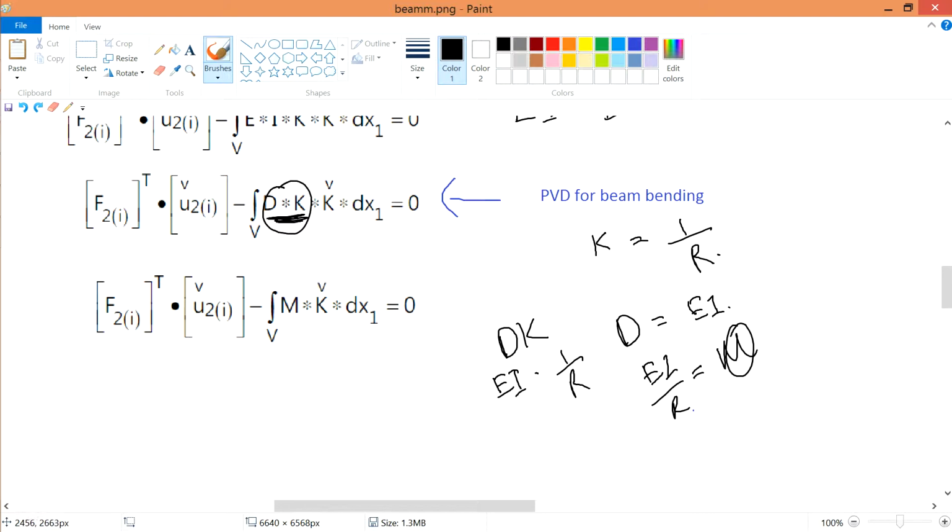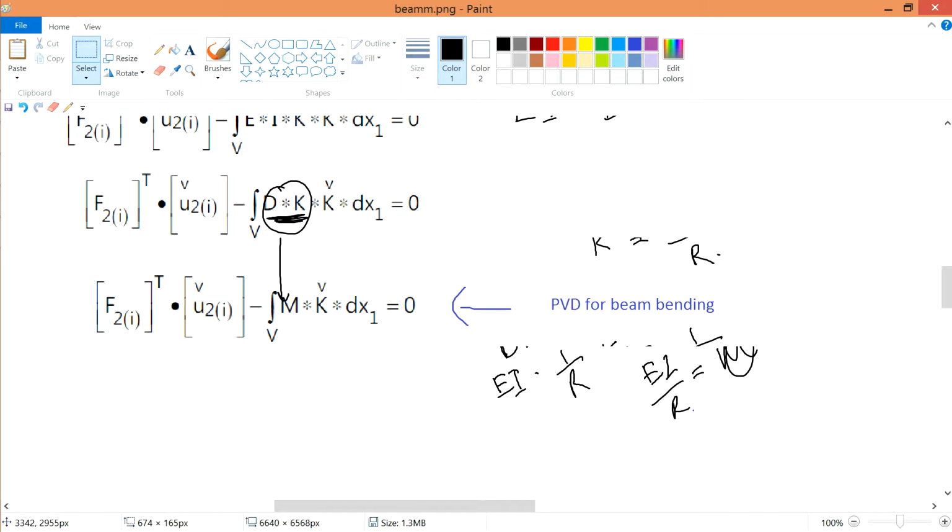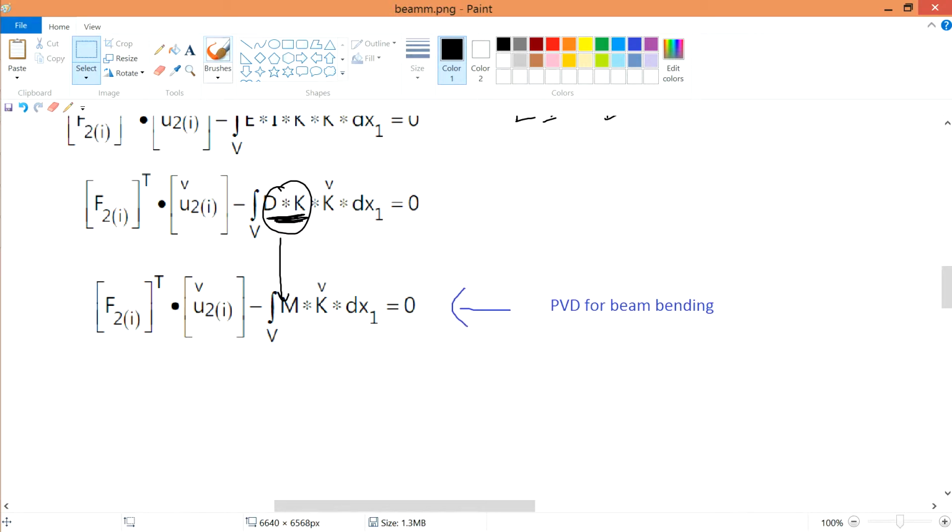So my Dk now is my M, while the rest are the same. And therefore this thing over here, I should have brought this downwards, is our PVD for our beam in bending. It is our principal virtual displacement for the beam in bending.